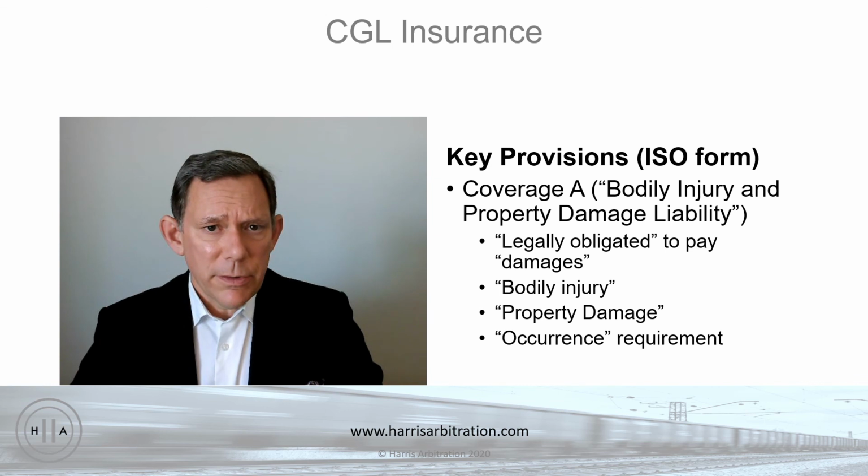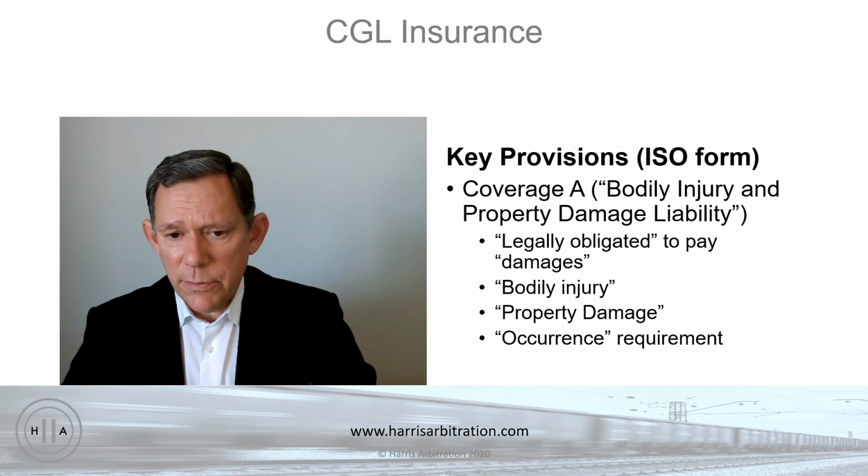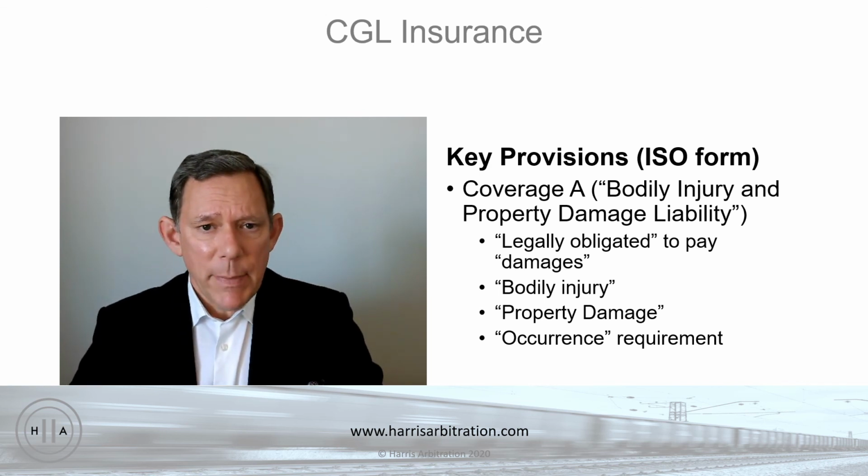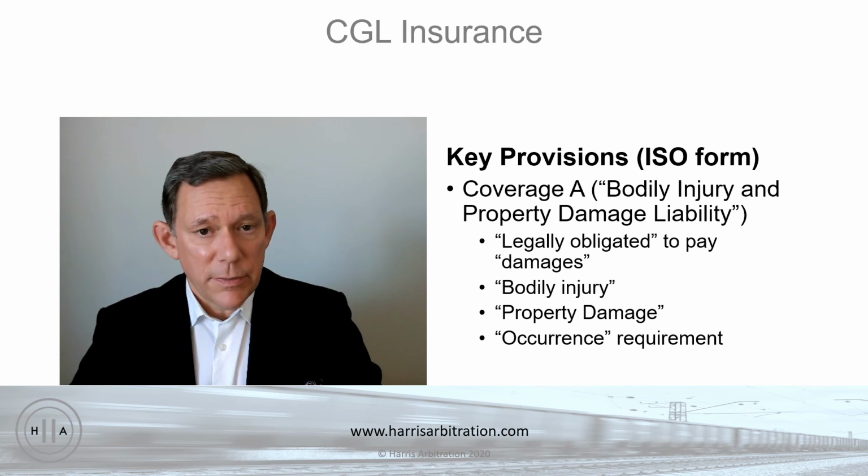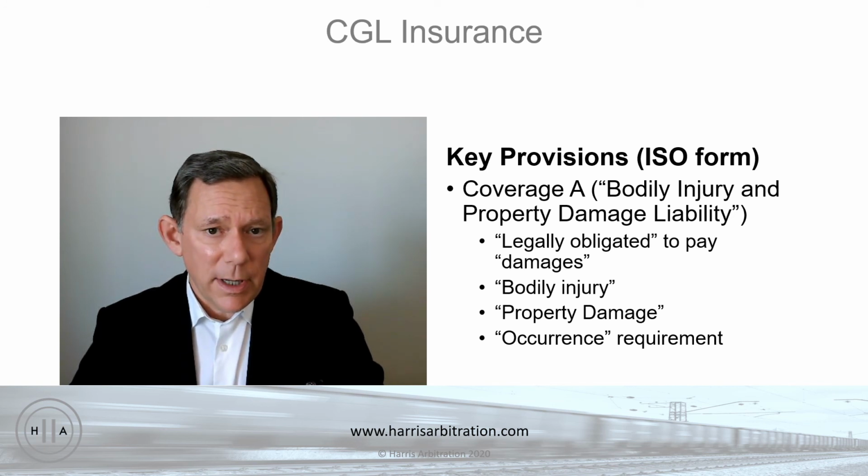So what's generally true is that in CGL policies, and certainly including the ones in the ISO forms, the main area where what the insured is getting covered for is defined in these different coverage sections. And the main one is coverage A, which covers bodily injury and property damage liability, right?